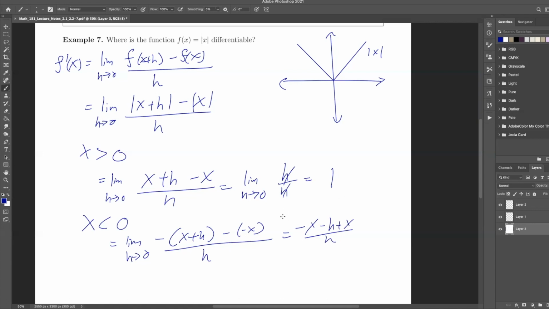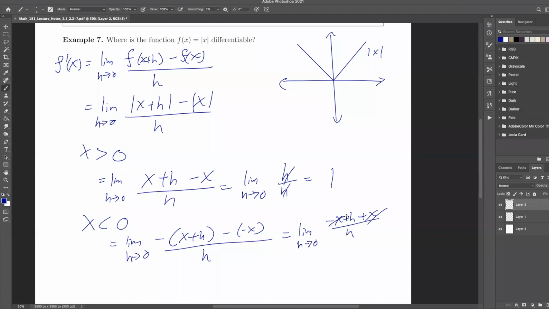I forgot my limit, so let me write that in. The limit as h goes to 0 of minus x plus h minus, or plus x all over h. This cancels with this.